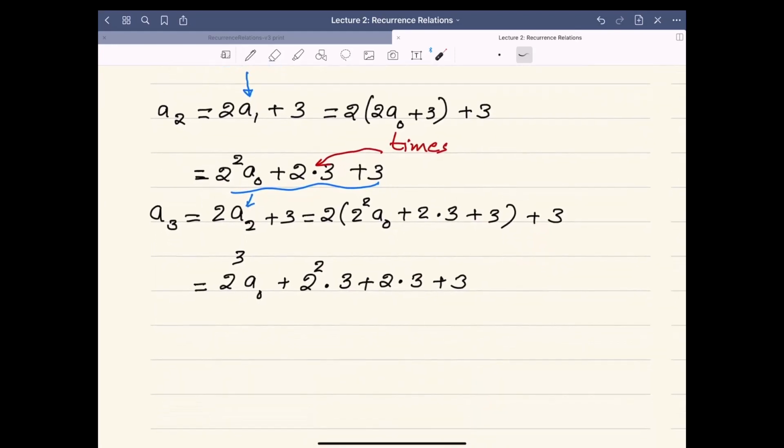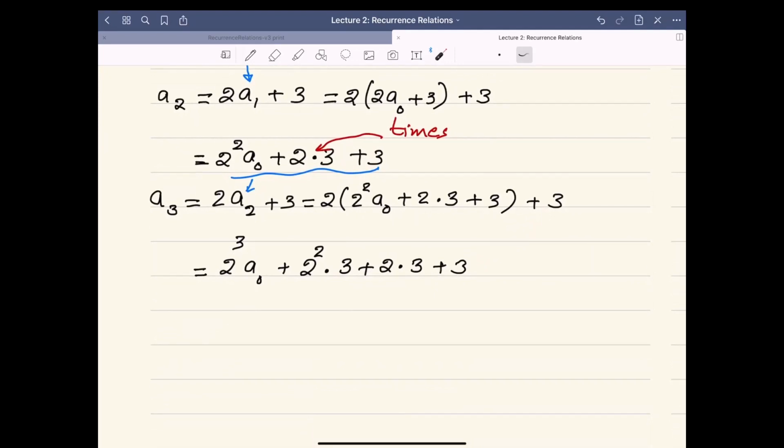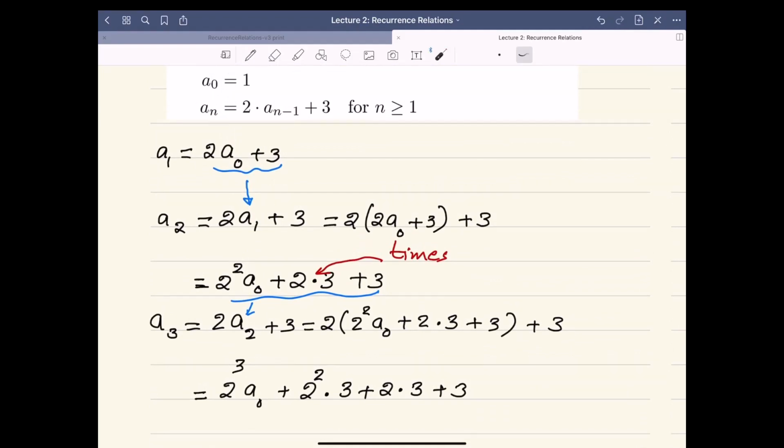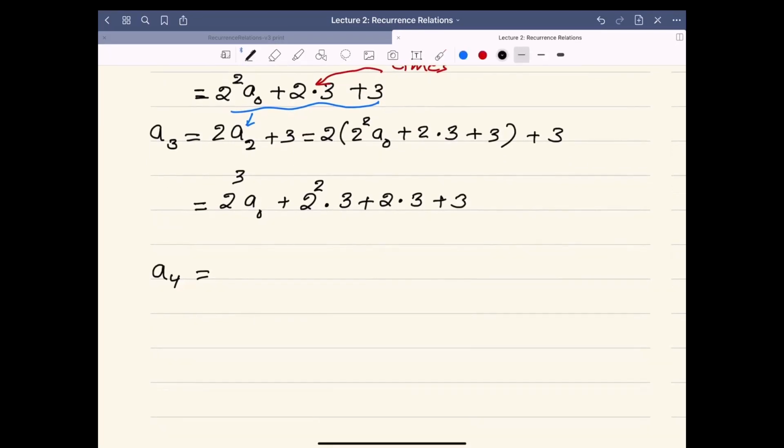Probably we will go for one more, for 4, because we would like to guess the solution. So we will write an equation for a4. a4 is equal to 2 a3 plus 3. This is the value for a3, so you need to substitute it here.